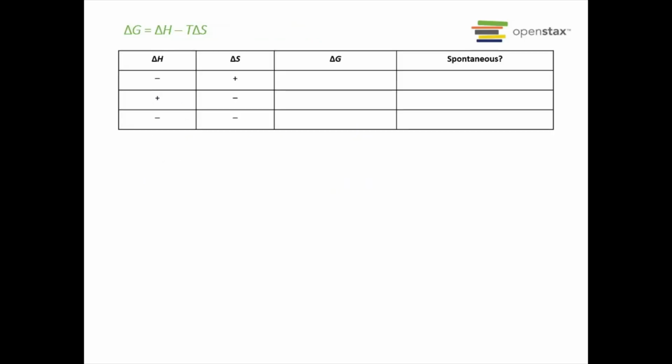So let's go ahead and do this little chart together, looking at the different signs for delta H and delta S, and see how they would come out. So if we have a negative delta H, that means we have a negative, and then minus T delta S, and if delta S is positive, that means we're subtracting a positive, giving us a negative minus positive.